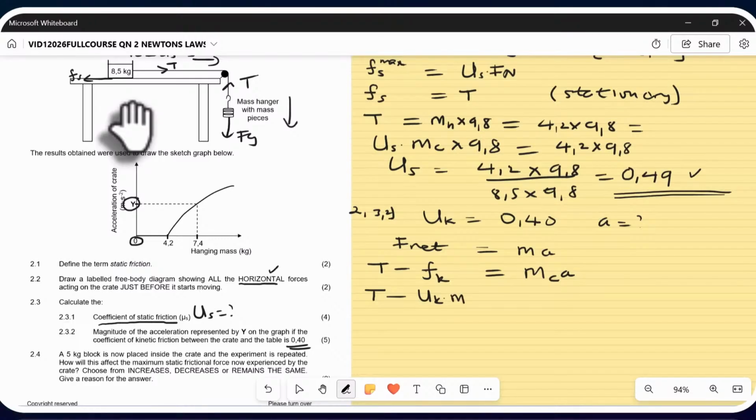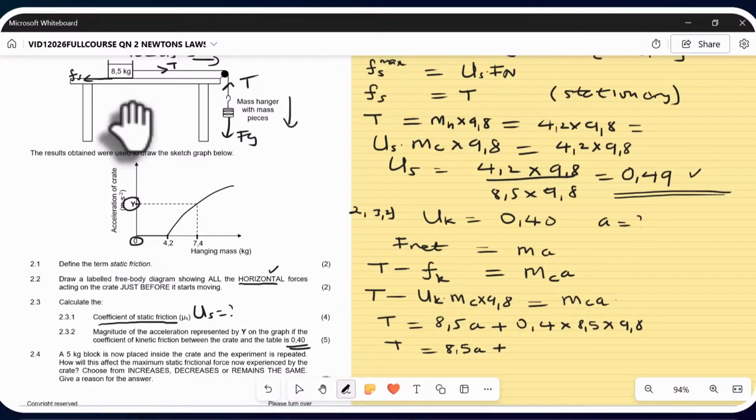So our tension T equals the mass of the crate, 8,5, times the unknown acceleration, plus the coefficient 0,4 times 8,5 times 9,8. So our first equation is T equals 8,5A plus 33,32, when multiplying 0,4 times 8,5 times 9,8. We're going to say this is our equation 1.